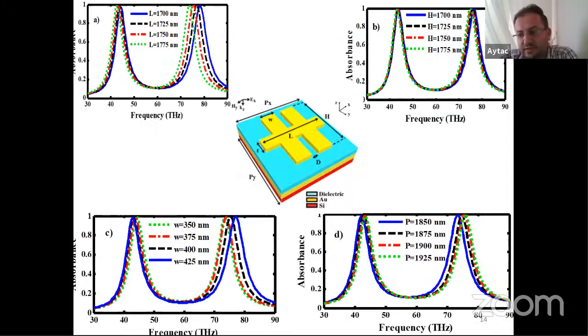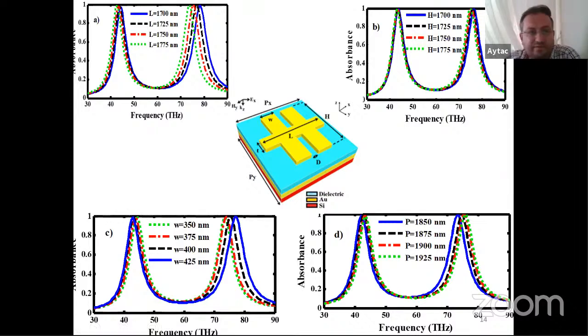Also, in the study, we can change the geometrical parameters of the nanoantenna model. If we get nearly unity rates, that means we can make the structure with these different geometrical parameters. At first, we can change this parameter, the length of the structure.